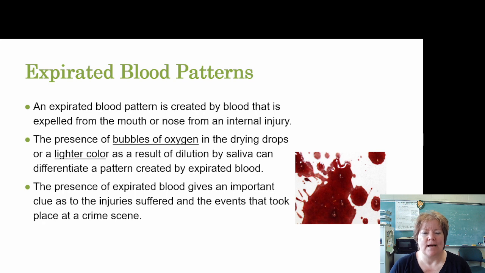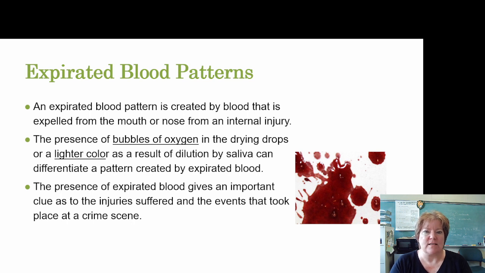Then we have expirated. Expirated means it's basically got air bubbles in it, because it came from a part of the respiratory tract. So if it came out from the mouth or the nose, we'll have oxygen in it, so there'll be little bubbles in it. And blood dries up fairly quickly. That's in the next section, the skeletonized.